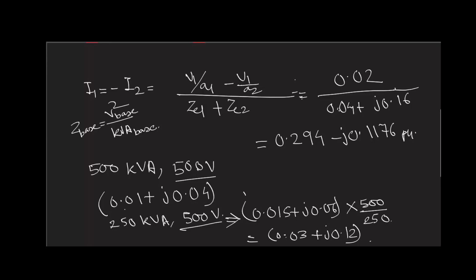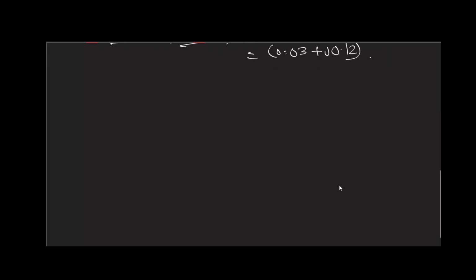So the circulating current is this much in per unit value, and if you calculate its actual value, you should get something like this.